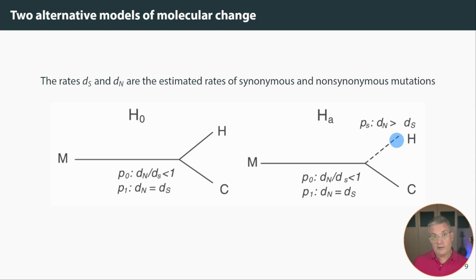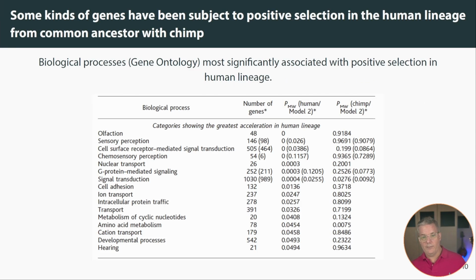When they identify those genes, they can then identify characteristics of the functions of those genes. So what do they see? Here they're using a method we haven't gotten into yet, but we'll get into, to look at the gene ontology, the annotation of these genes. Basically what they identify is a set of biological processes that appear accelerated in the lineage that leads to human. Here we have the human lineage olfaction.